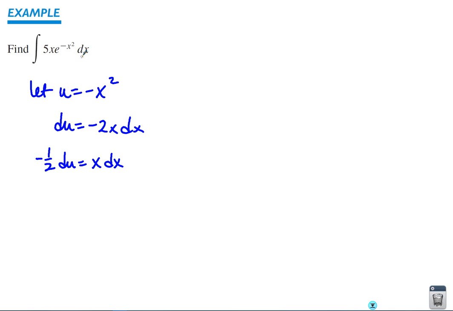But then I have this 5 right here that I need to account for. So really, if I just multiply both of these by a 5, then I'm good to go. I've got negative 5/2 du is equal to 5x dx. Perfect. 5x dx, e to the u, boom, done.